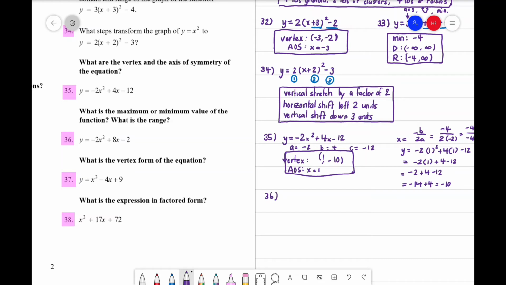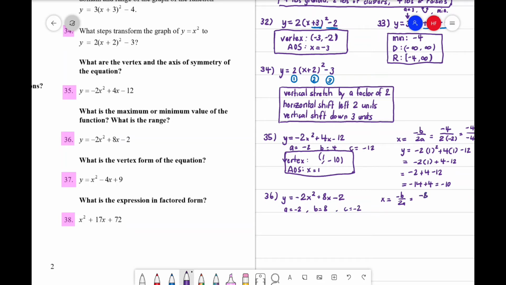What is the maximum or minimum value of this function and what is the range? So we have a similar function. We need to find the maximum or minimum value, which we can find from the y value of the vertex. So we need to find the vertex first. We're going to find negative b over 2a. a is negative 2, b is 8, c is negative 2.